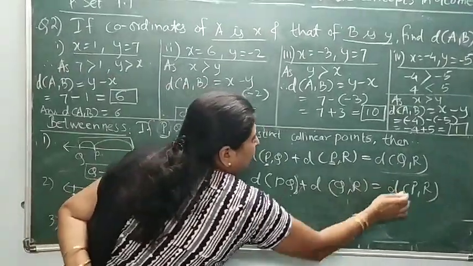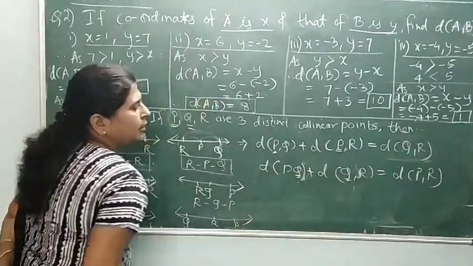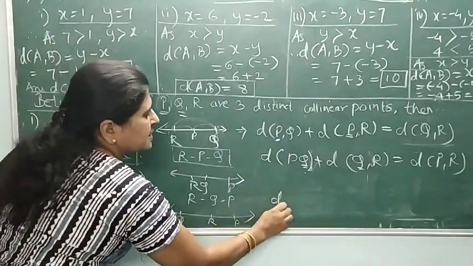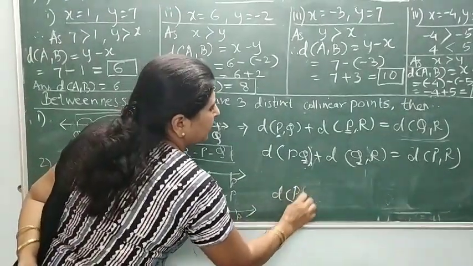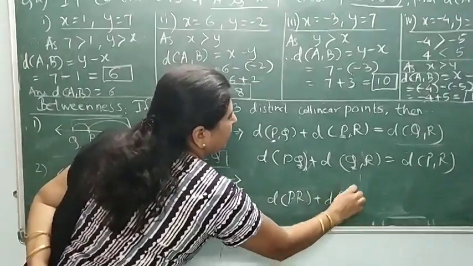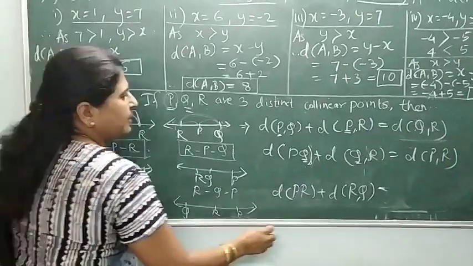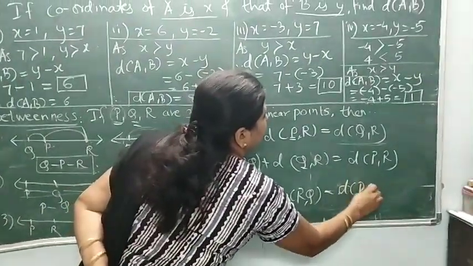Here, P and R are the end points, and in between we have the common point Q. Like that we can write the third one also. R is in between, so distance PR plus distance RQ, RQ and QR being one and the same, is equal to distance PQ.